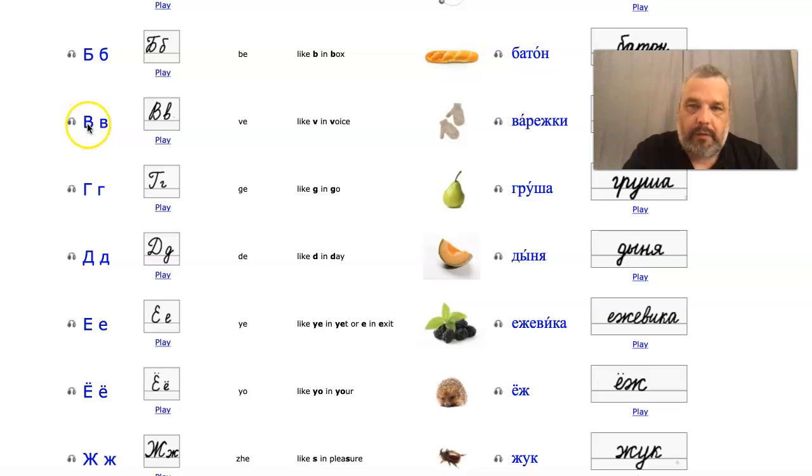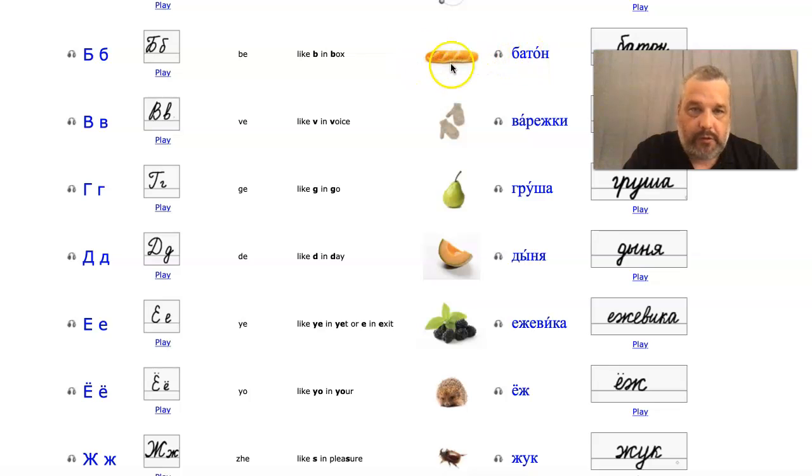Okay, and then here we go with the letter V. Varezhki. V-A-R, Varezhki, which means mittens. And of course, baton, B-A-T-O-N, N is in Nancy, baton, which means a loaf of bread.